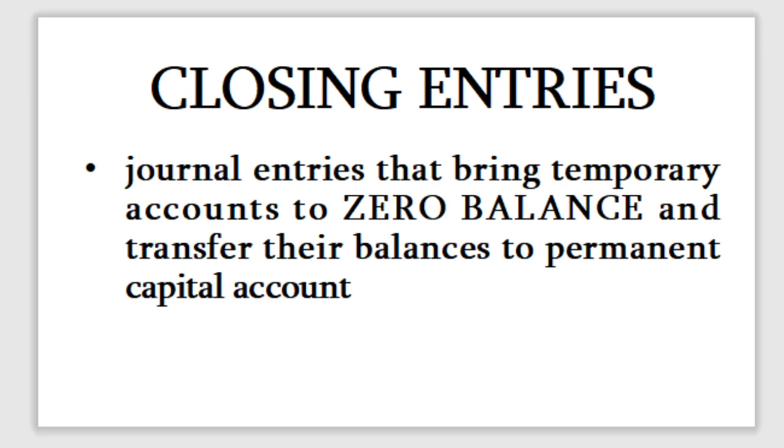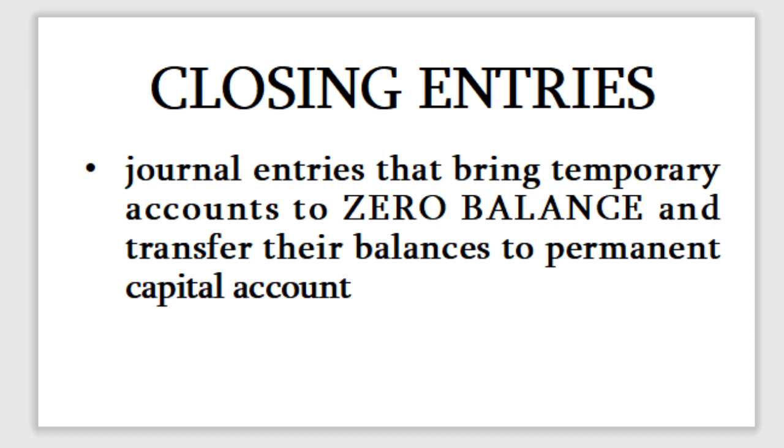So, paano ba natin gagawing zero balance yung mga accounts na yun? So, for example, yung sales natin which is naka-credit yung kanyang normal balance, ang gagawin natin sa closing entries, i-debit natin siya. For example, meron tayong 100,000.